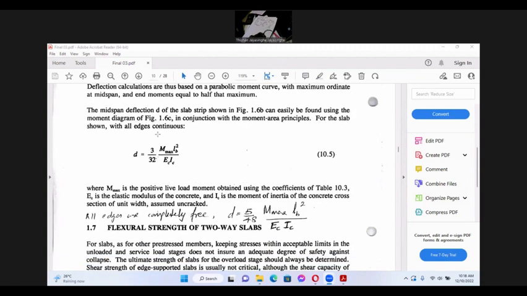The deflection in a continuous case is given by the rotational case, because due to the dead weight, if it is continuous, the deflection will be almost zero. So the deflection will come only from the live load.